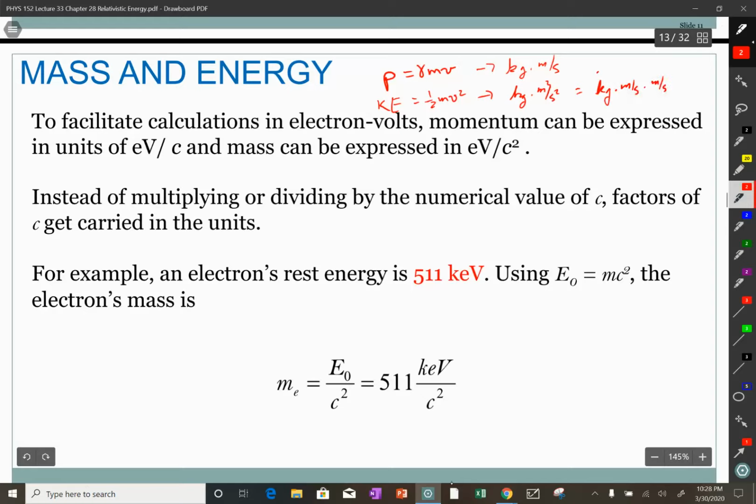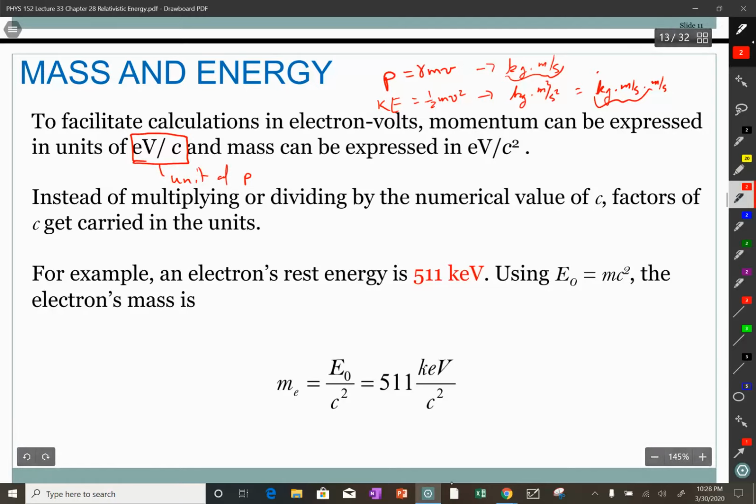And so we say there's a nice relationship between these. If I just take the unit of energy and divide by speed, it'll have units of momentum. And the speed that's convenient in relativity is the speed of light. So we use electron volts divided by c as a unit of momentum.